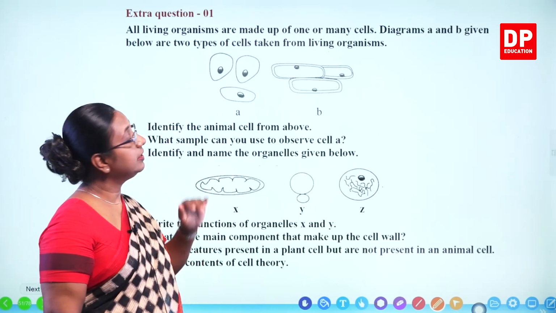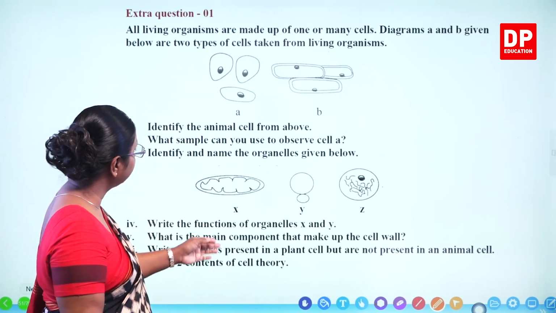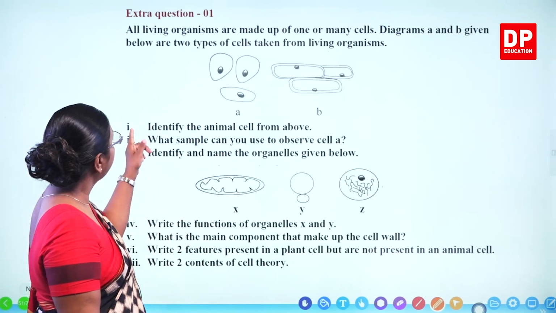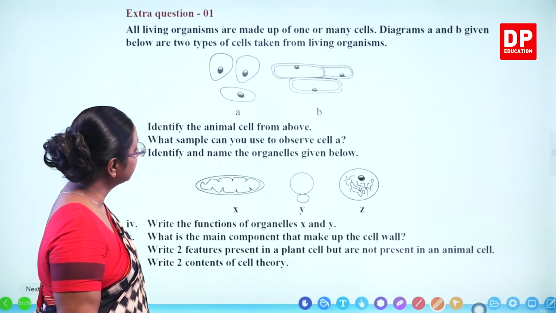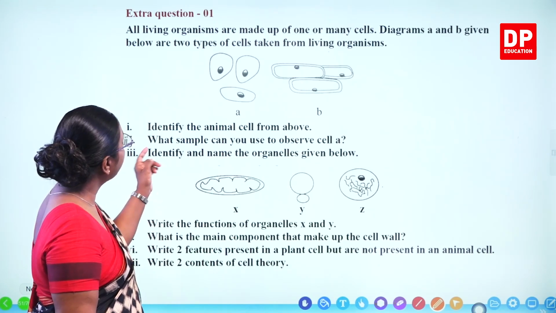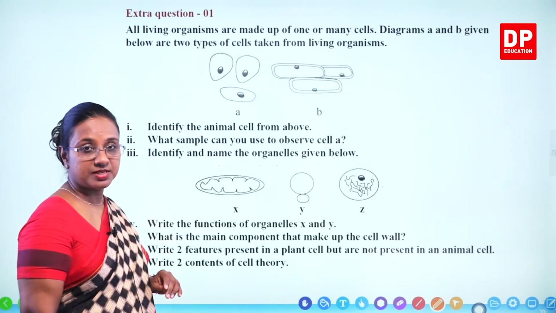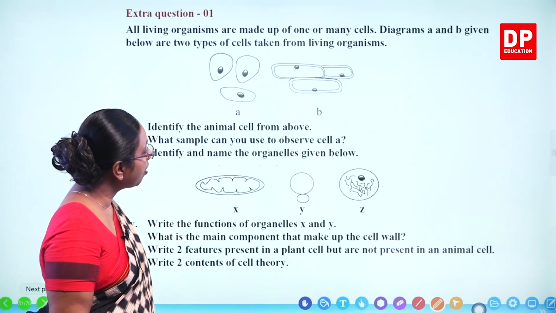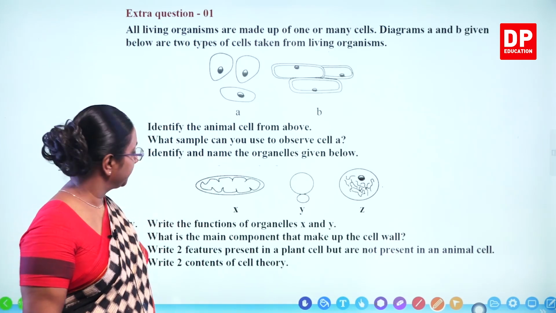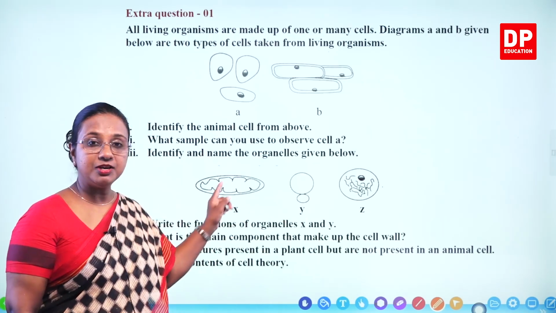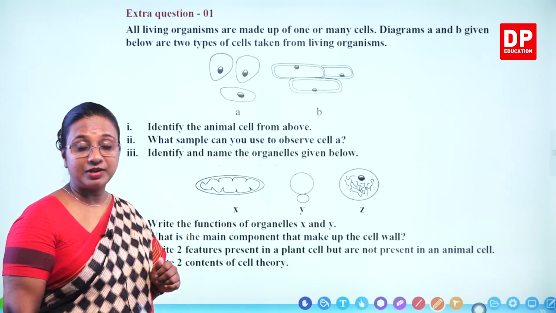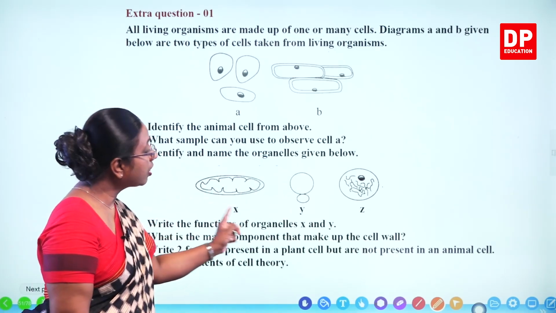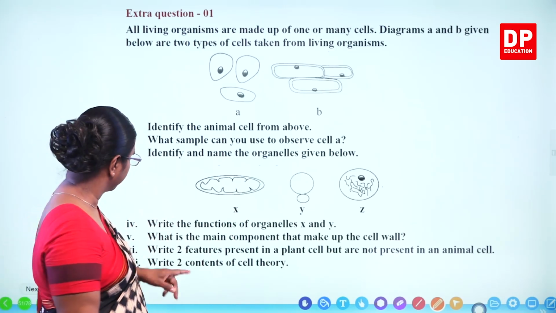So after identifying that, if you read the rest of the questions, identify the animal cell from above. What sample can you use to observe cell A? Identify and name the organelles given below. Here the diagrams are given. I am very sure that you can identify the organelles easily.